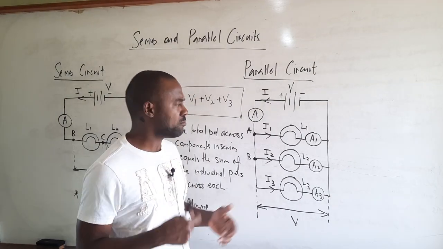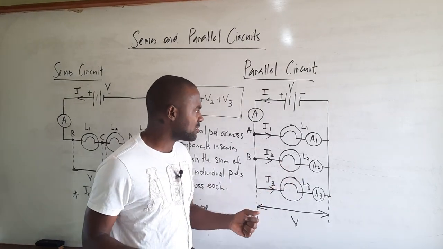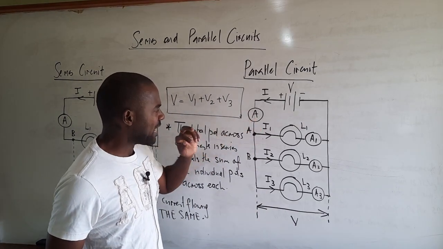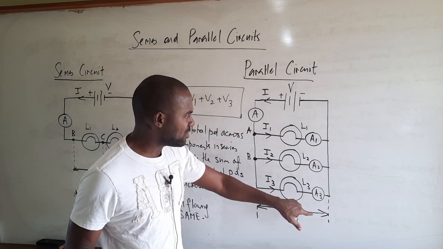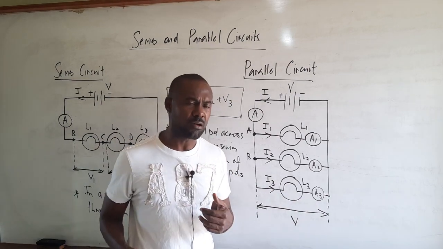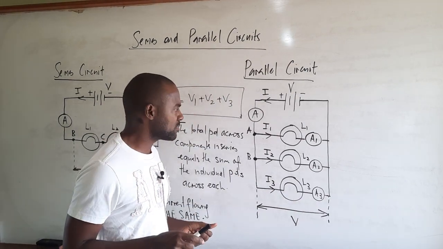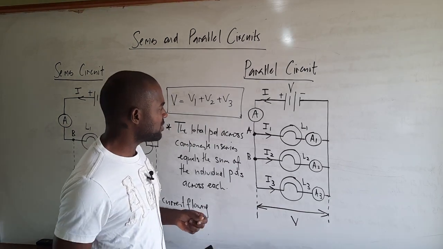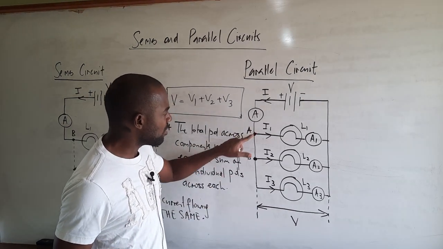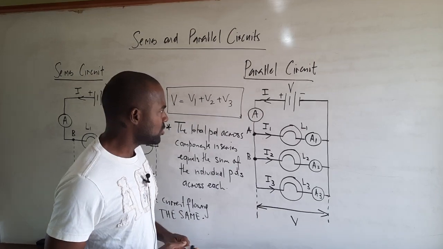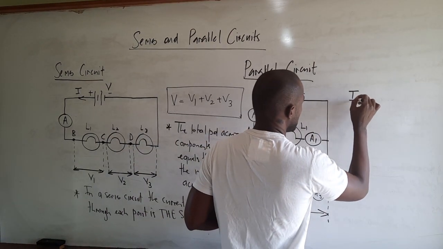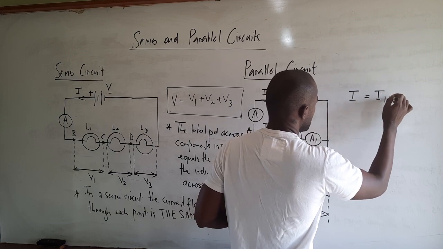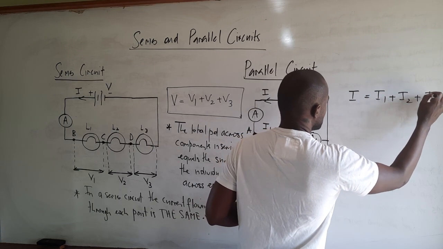And from this, we can conclude that in a parallel circuit, the total current flowing is equal to the sum of the individual branch currents. So we can sum this up in an equation to say that I, the total current, is equal to I1 plus I2 plus I3.